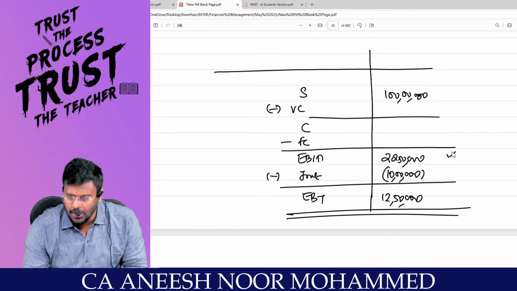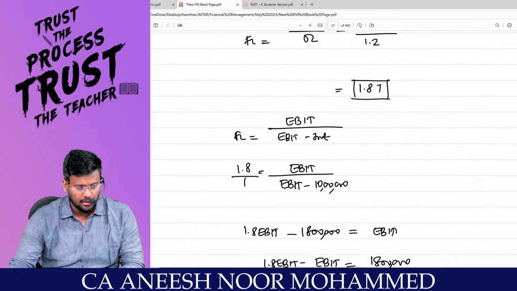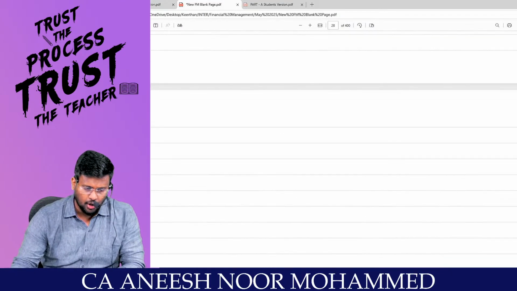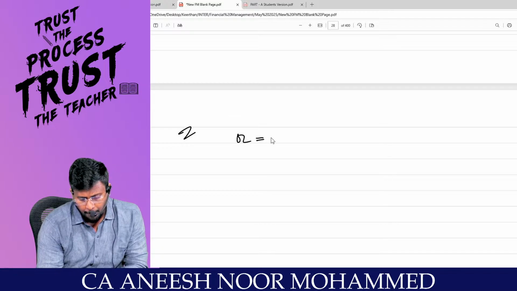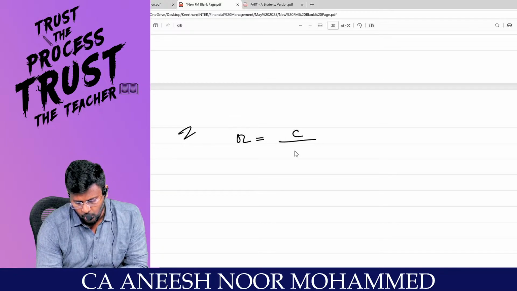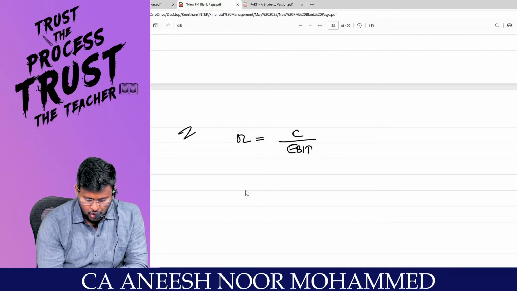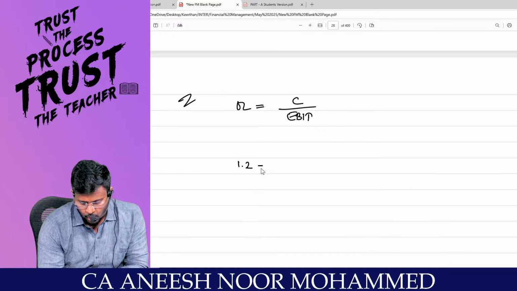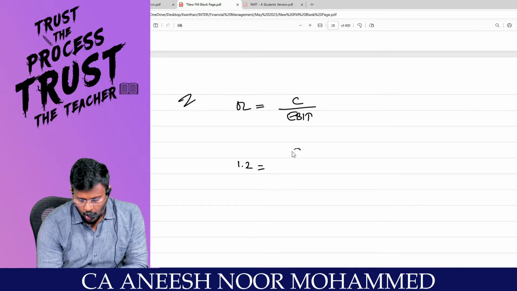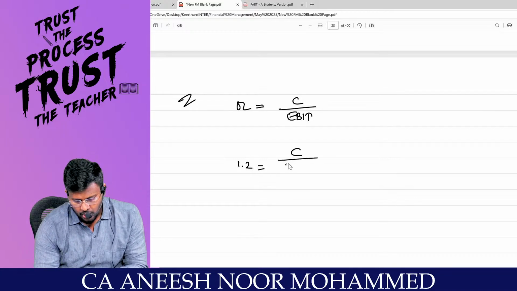Now I am having EBIT and operating leverage in my hand. I can knock off the contribution, right sir? Operating leverage is equal to contribution divided by EBIT. What is operating leverage? 1.2 is equal to contribution divided by 22 lakh 50,000.